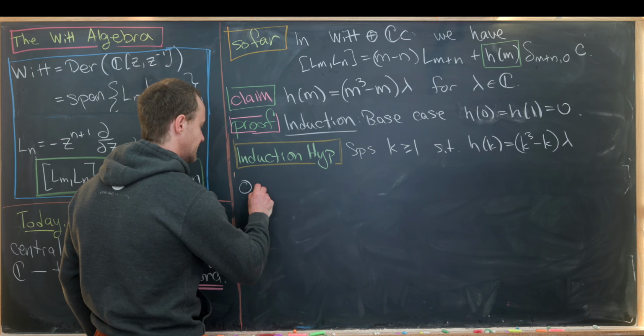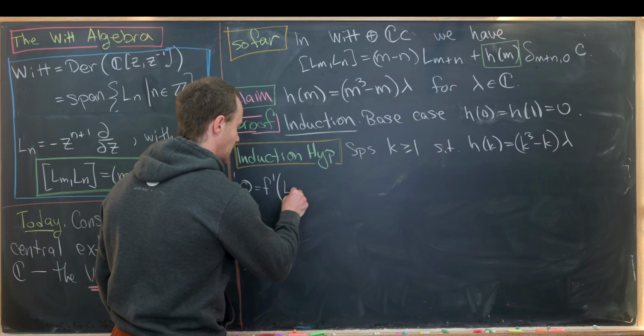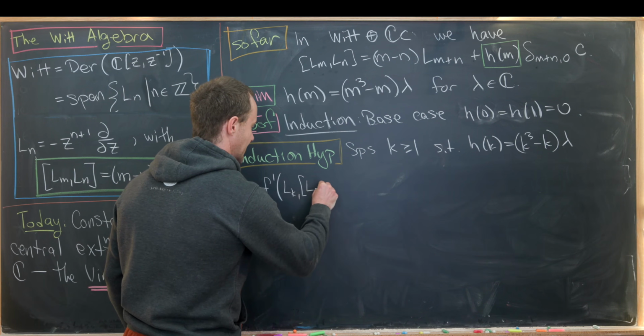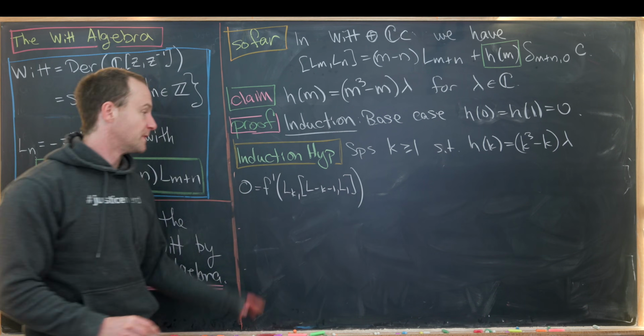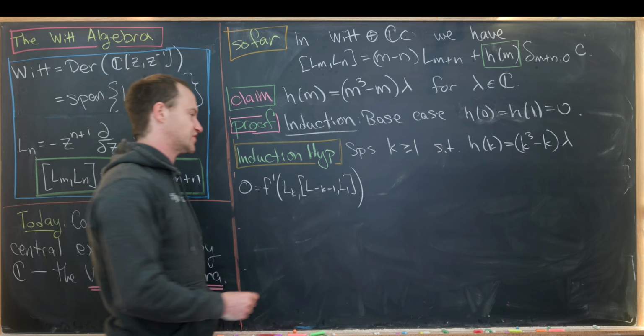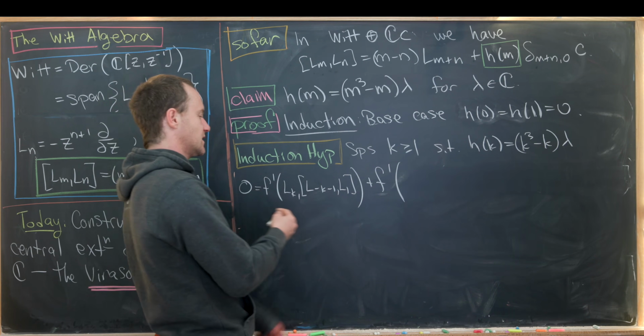Okay, so we'll have 0 is equal to f prime evaluated at L_k, and then the bracket of L_{-k-1} with L_1. And then we'll have cyclic permutations of that. So that'll be plus f prime, so we'll cycle it through.